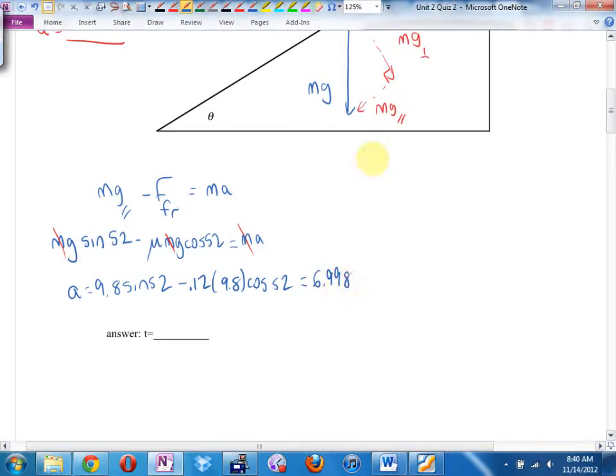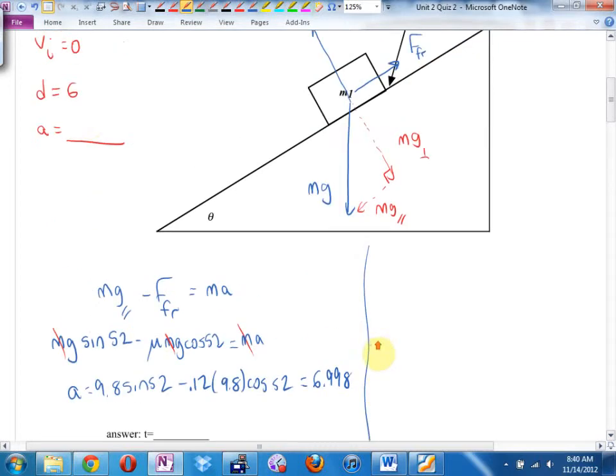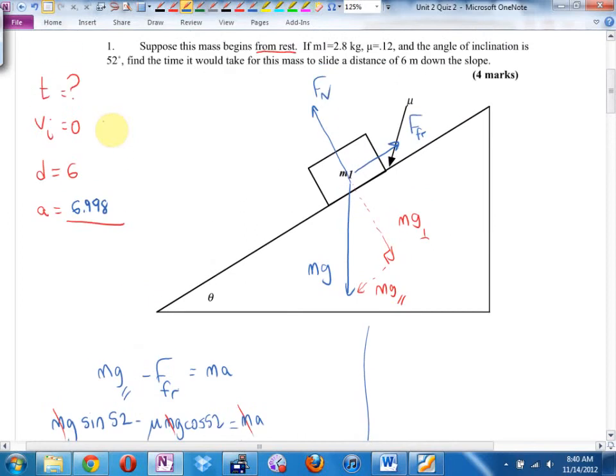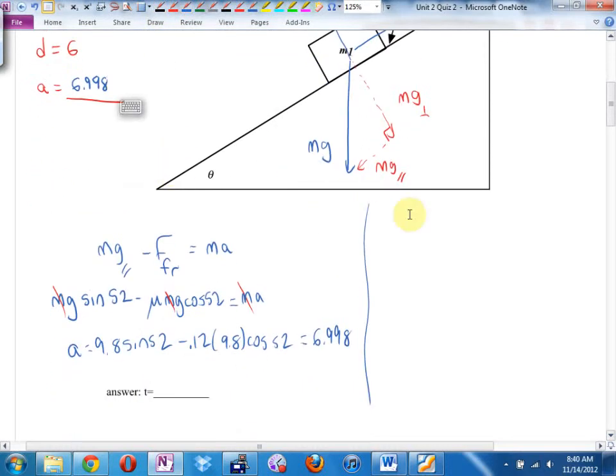They said find time. Okay, so now I know up here my acceleration is 6.998. I'm looking for an equation that has t, vi, d, and a in it. Hey, I'm pretty sure that's going to be d equals vit plus a half a t squared, where vi is 0.